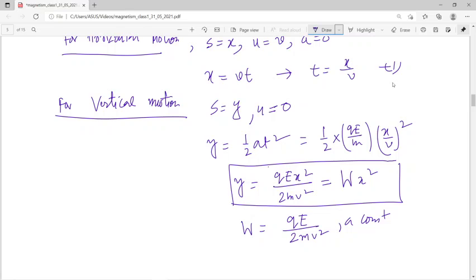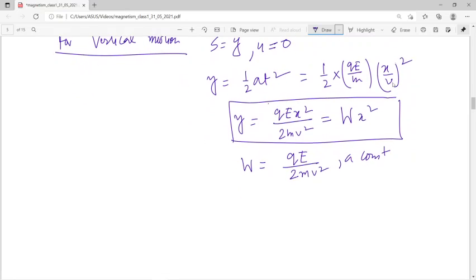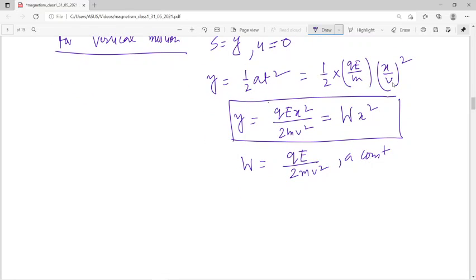What is this equation? That is the equation of a parabola. That means a charged particle moving in a uniform electric field follows a parabolic path.